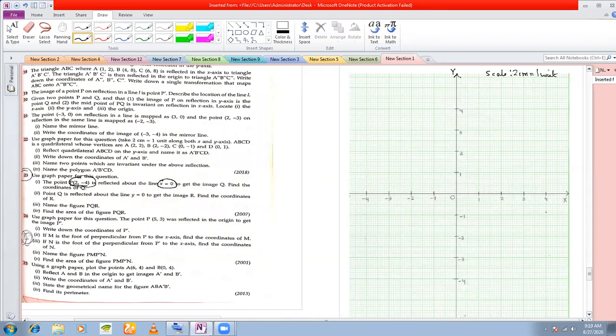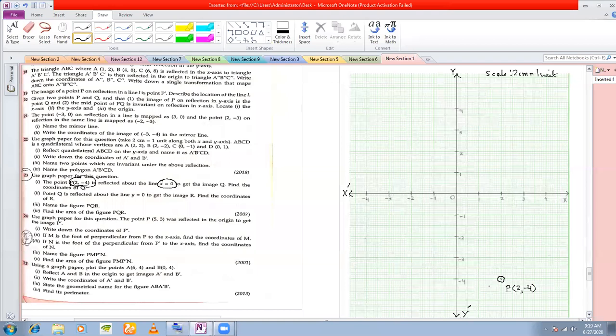You have this as your y-axis, this is your negative direction of x, and this is your negative direction of y. So let us plot the point first: P(2, -4). This point is reflected in the y-axis to get the image Q.